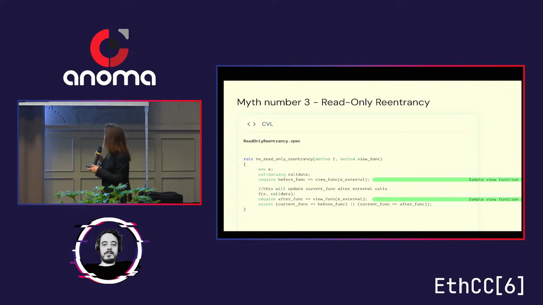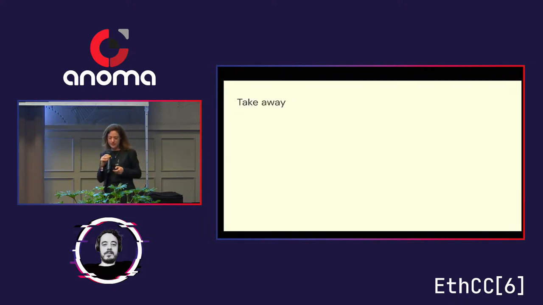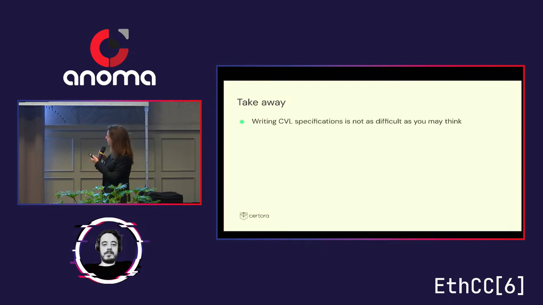So this is the end for the read-only reentrancy, and I'm getting to the end of my talk. But I want to give you some takeaways, okay? First of all, I hope that I convinced you that writing CVL specifications is not as difficult as you may think.